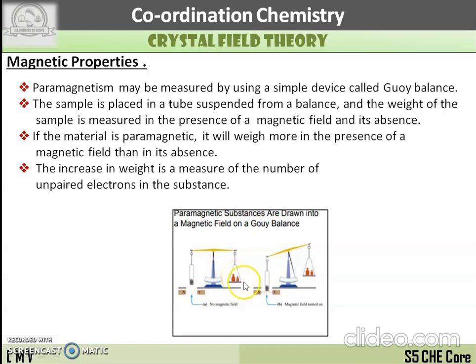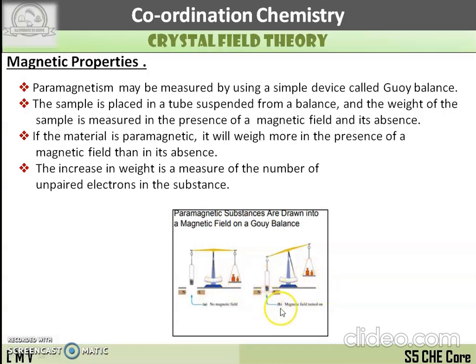So what does that mean? In the absence of any magnetic field, the weight added will be less. But in the presence of a magnetic field, if it is a paramagnetic substance, since it is pulled down towards the magnetic field, you will have to add more weight to balance it, right? You will have to add more weight here than here.